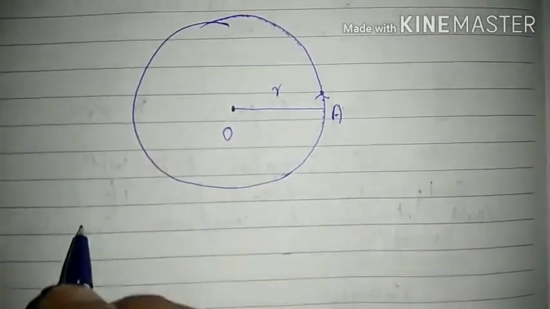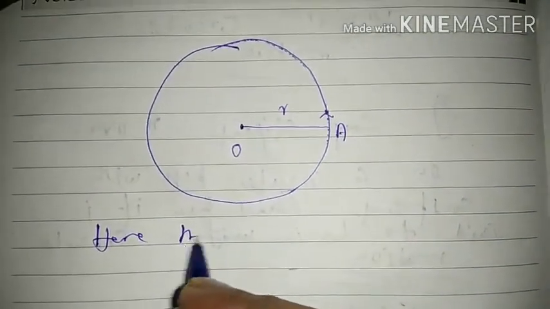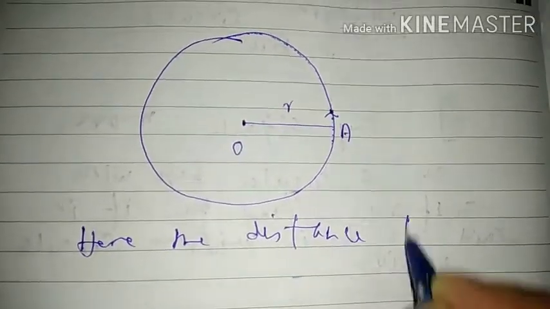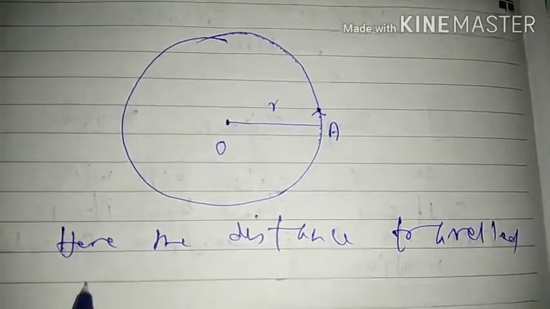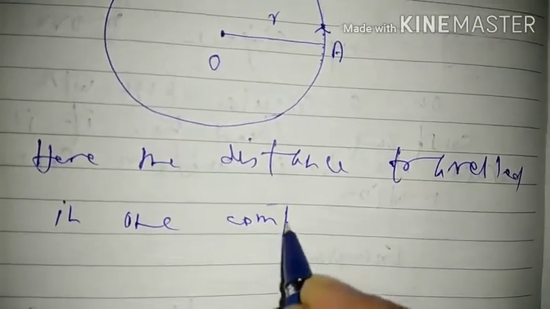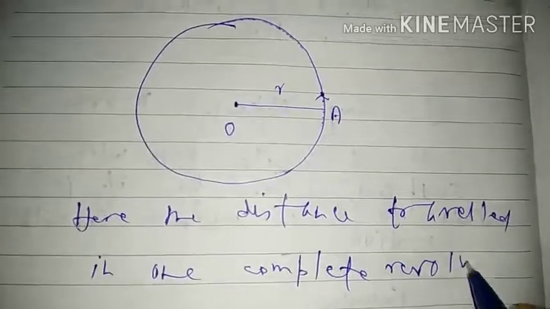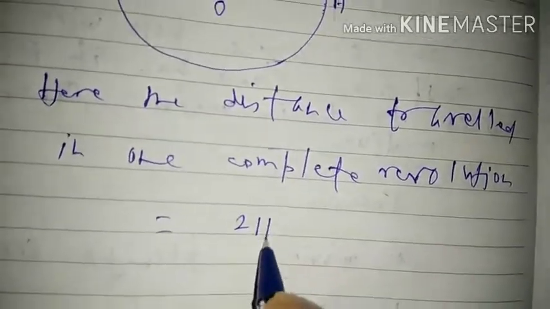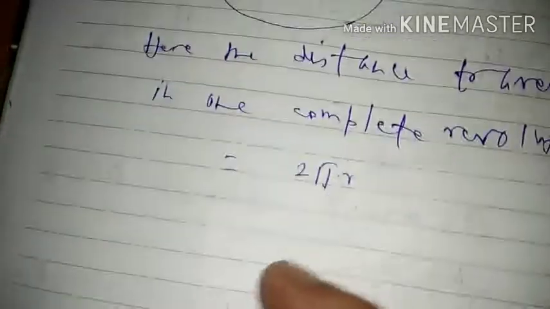So here the distance traveled in one complete revolution is equal to 2 pi r. That is the circumference of the circle.